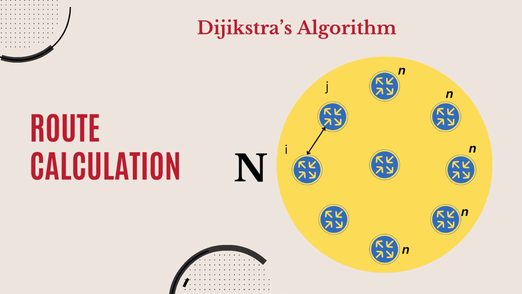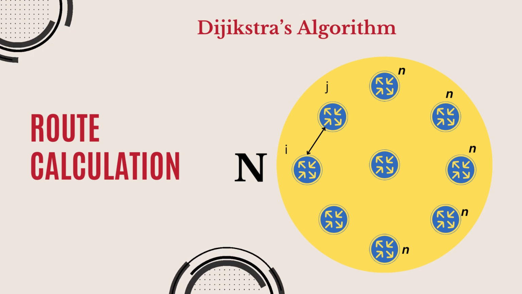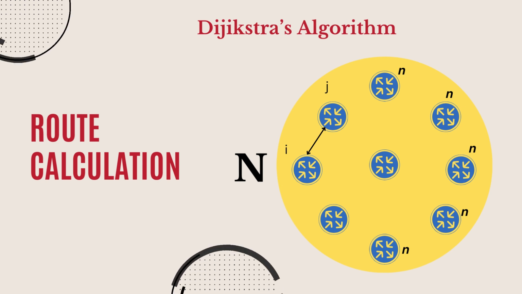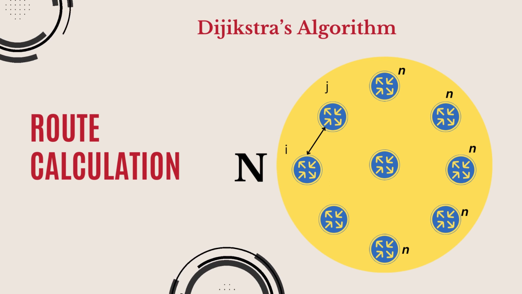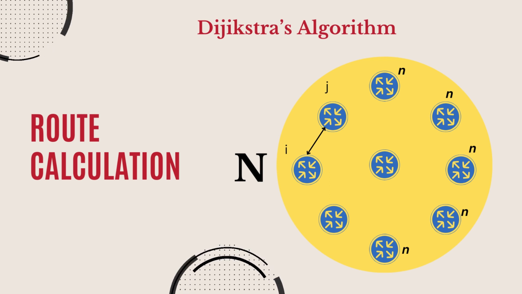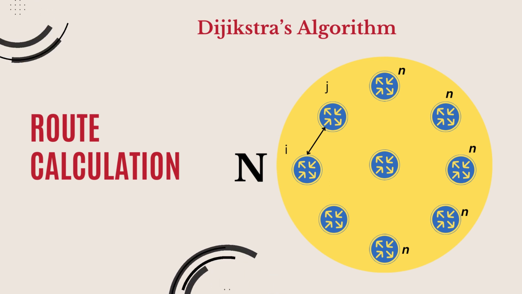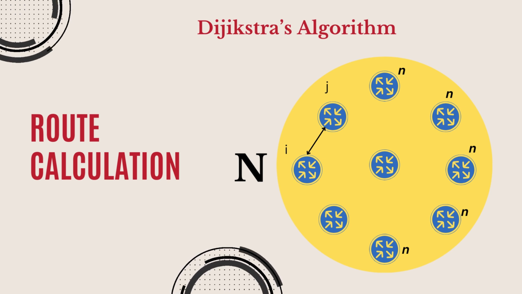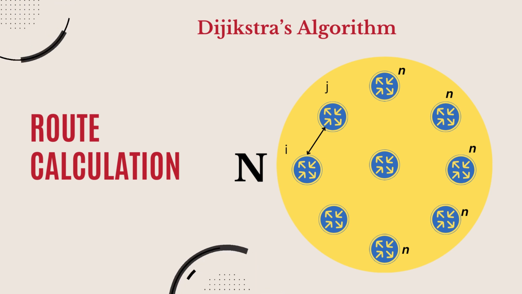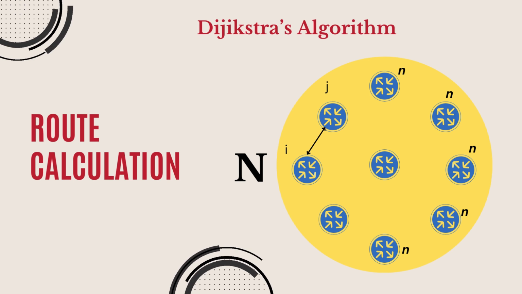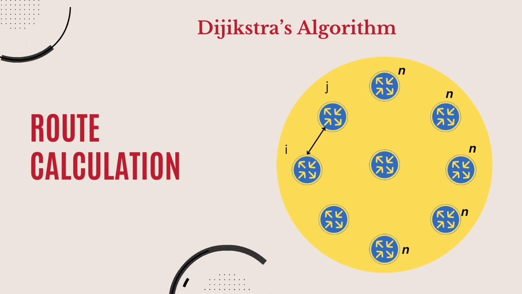The link between the nodes I and J will have some cost value. So L of I comma J is equal to some non-negative cost value. In case there is no link between the nodes I and J, the cost value is said to be equal to infinity. And this entire network is represented as capital N.